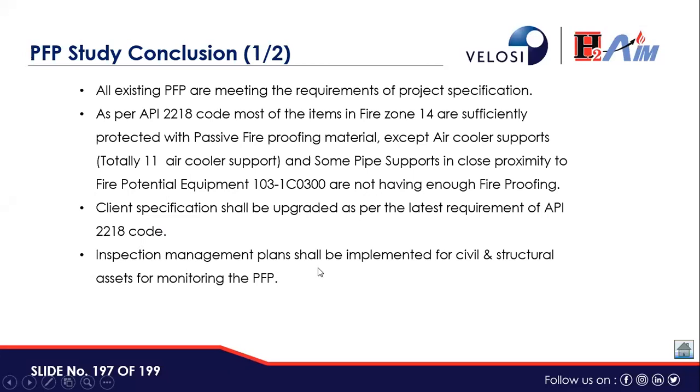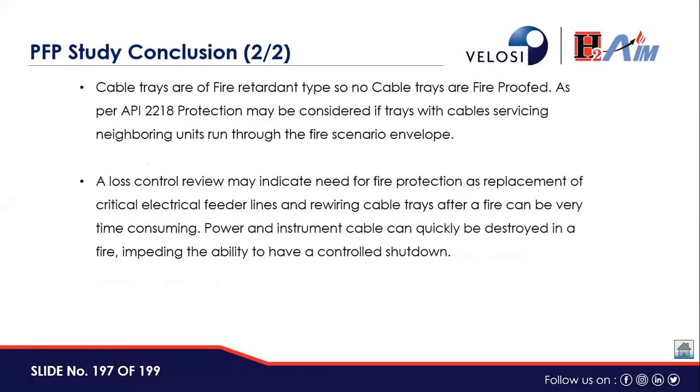Inspection management plans shall be implemented for civil and structural assets for monitoring the PFP. Other conclusion was cable trays are of fire retardant type, so no cable trays are fireproofed as per API 2218. Protection may be considered if trays with cables servicing neighboring units run through the fire scenario envelope.